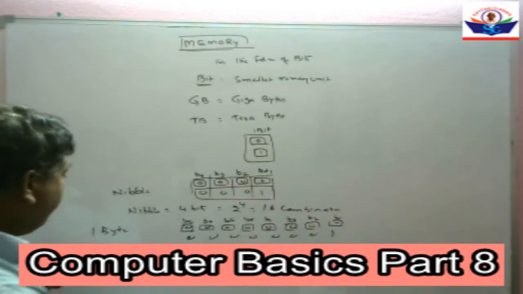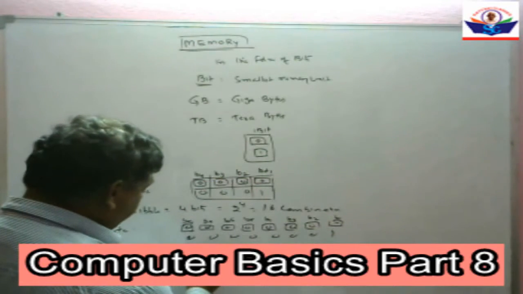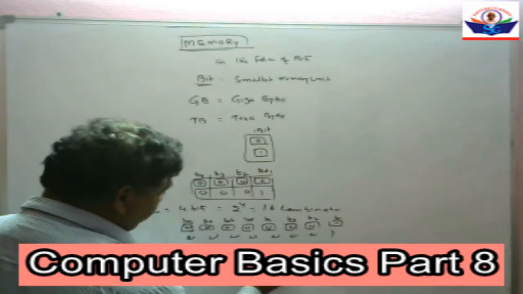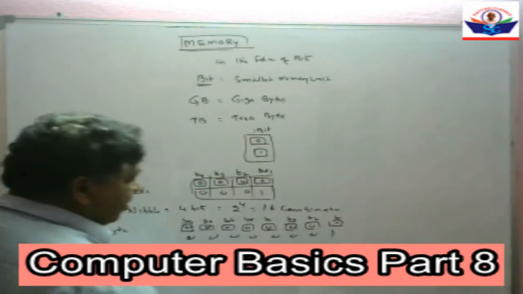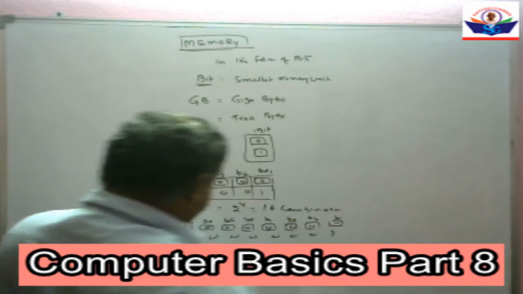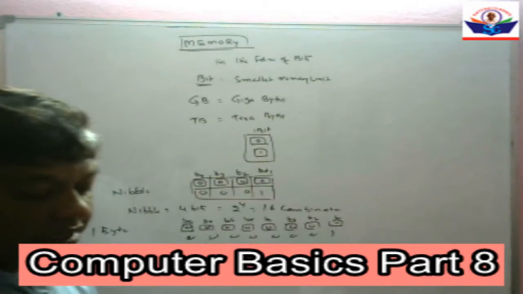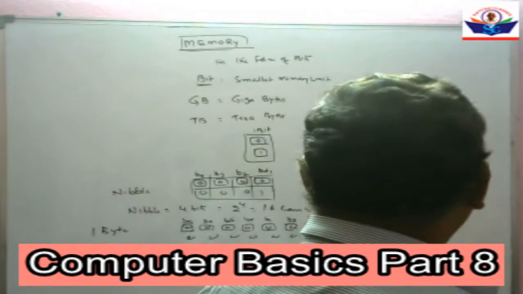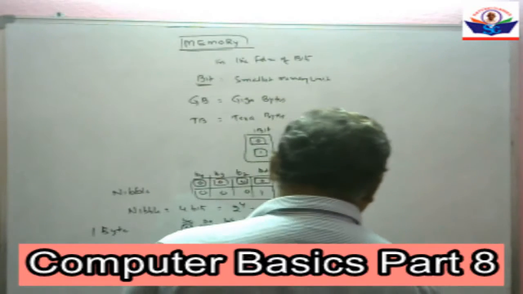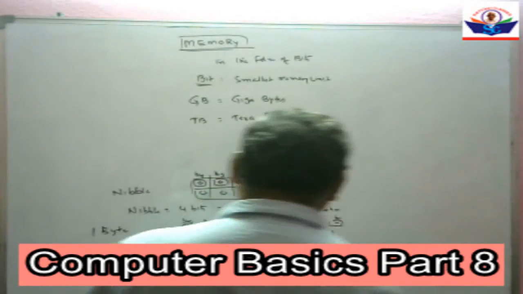What are the possible combinations with 1 byte? That means 2 to the 8, which is 256 possible combinations. It will store 256 possible values.